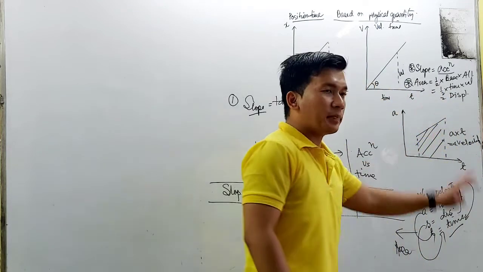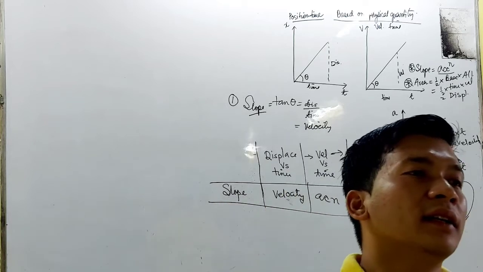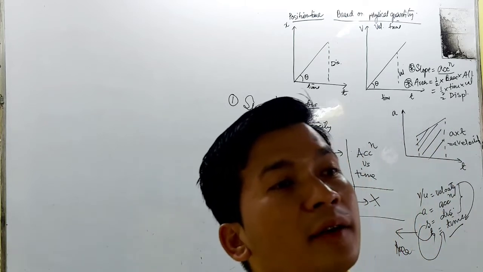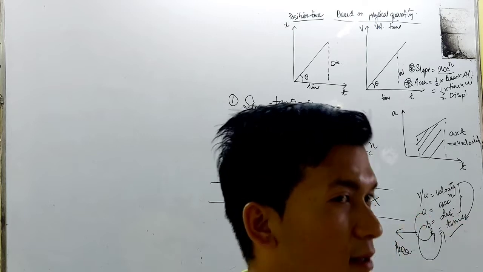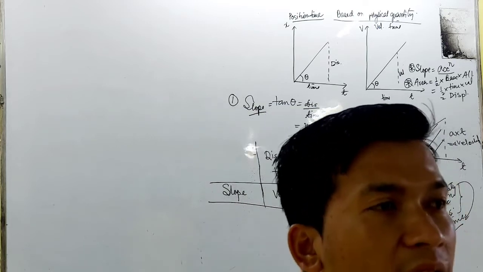If we have an acceleration time graph and the area is x, then what physical quantity is x? The change in velocity.